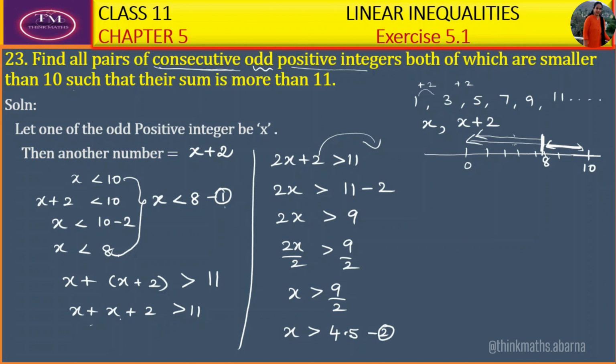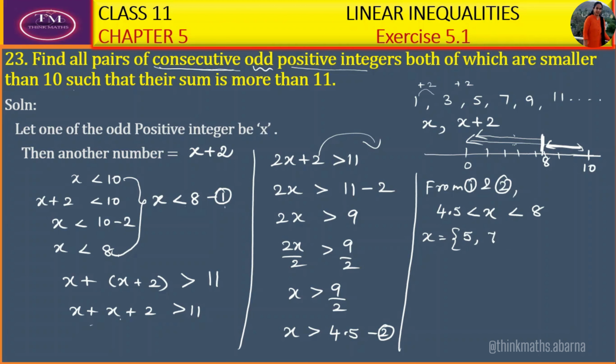From 1 and 2, x is greater than 4.5, but it should be less than 8. Then what values does x take? Greater than 4.5, and it should be odd positive also. So 5, 7.